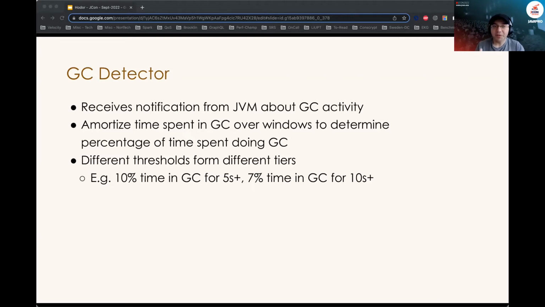For example, a GC overhead of 10% or more consecutively observed for 5 seconds plus would be enough to flag an overload. Now, the rationale behind using the percentage time in GC is that it uses both GC duration and GC frequency, which can catch different types of GC issues.